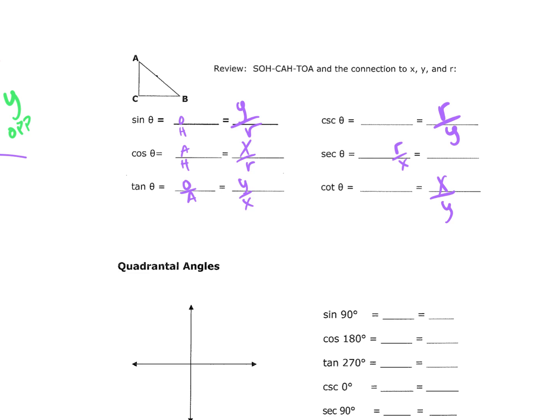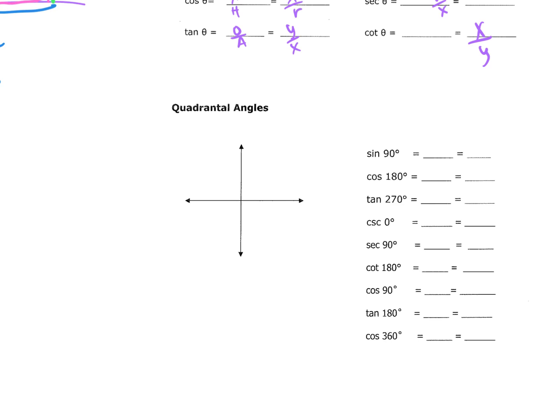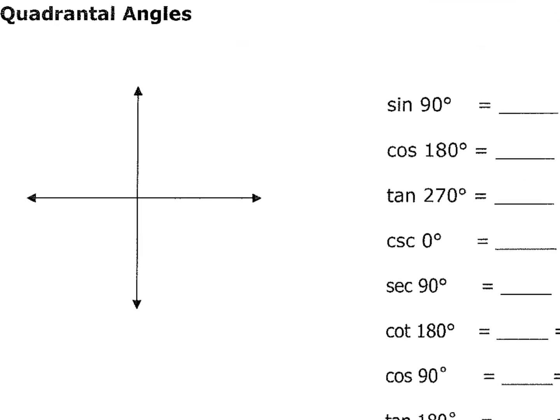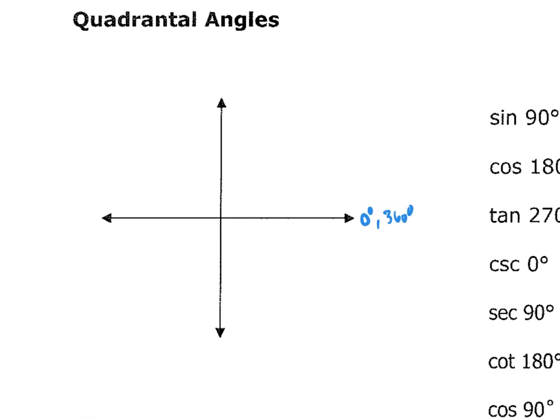Okay? All right, so here's one application of when you will use these x's and y's and r's. If we are given quadrantal angles, so it's been a while since we've talked about that term, quadrantal angles, remember, are the angles that lie right on our x and y axis. So our 0 and 360, our 90 degrees, our 180, and our 270.